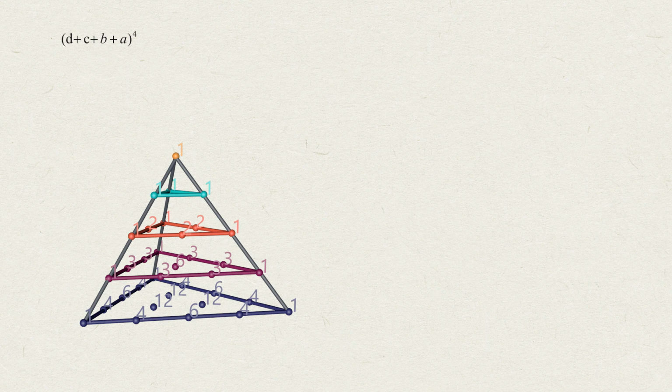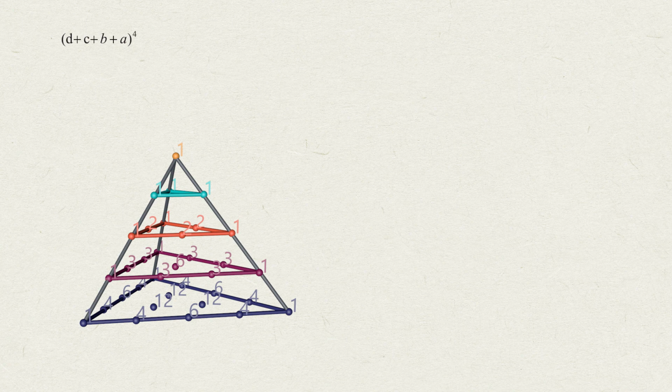In each of our examples, we will stay with raising a polynomial to the 4th power, just to keep everything consistent, since we are exploring these ideas for the first time. What we are going to do is start with the tetrahedron we just created for expanding a trinomial. It has 4 levels to it, since we are taking a trinomial to the 4th power.